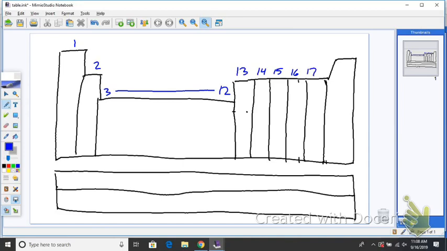So if I say group 16, what element is the top of group 16? Oxygen. Okay? Or if I say group 12, what's the top of group 12? Zinc.